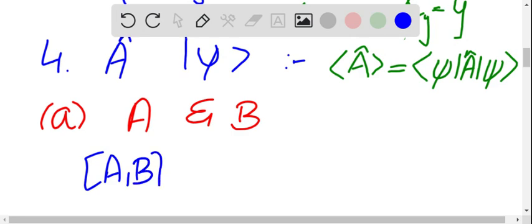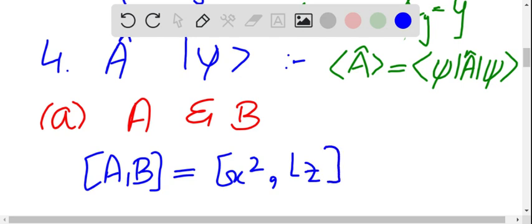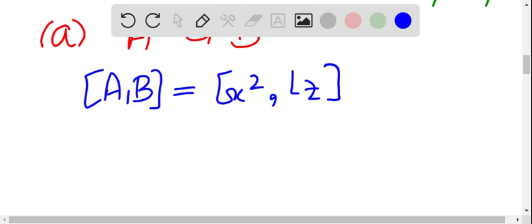So the commutator AB is equal to x squared L sub z, right? That is the given information that we have. So now we are going to use some commutator techniques, some algebra over here, and we are going to manipulate the right hand side of the equation. So we have x squared, it would remain the same.